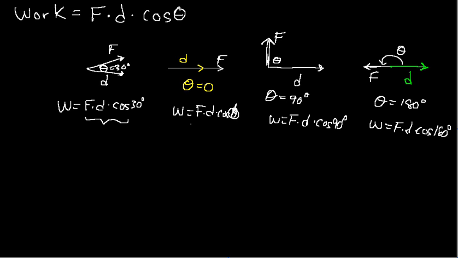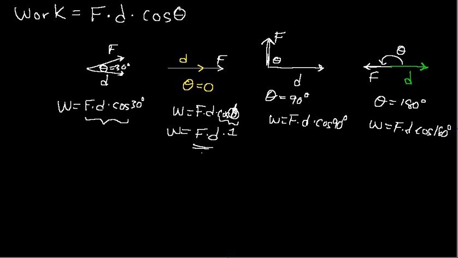So the first is going to give us some positive value for work. This one here simply reduces to force times displacement, because the cosine of 0 is always 1, so work is simply force times distance. And that's how it always is if the two vectors, the force and the displacement, are parallel and in the same direction.